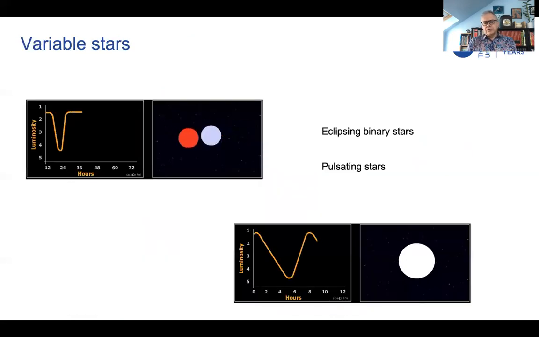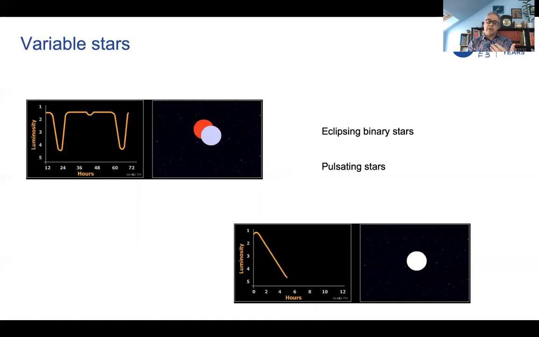So the sorts of signals we're looking for are shown here. These are two particular types of variable stars. At the top then is an eclipsing binary star. This is where we have essentially two stars orbiting around their common center of mass. And from our viewpoint, one of the stars passes in front of the other, and then vice versa, as they orbit each other.